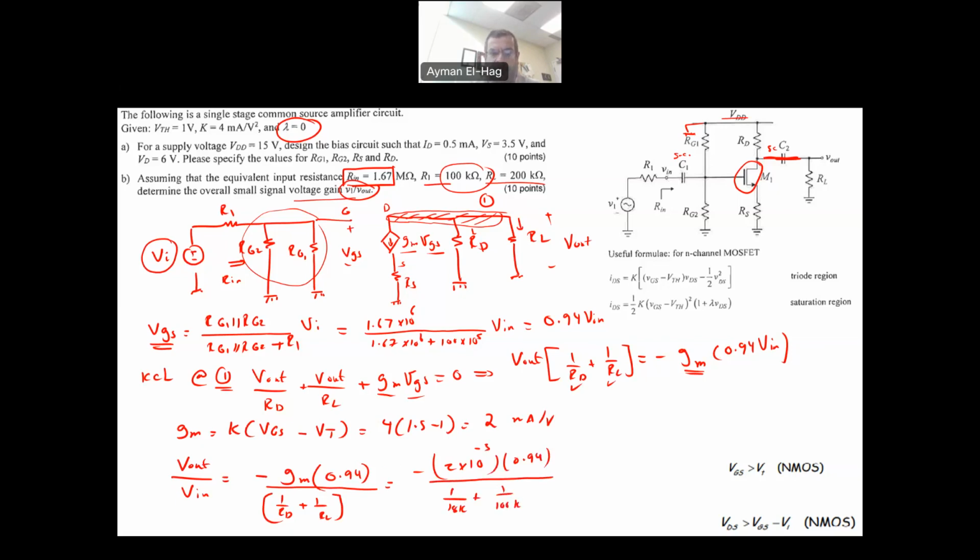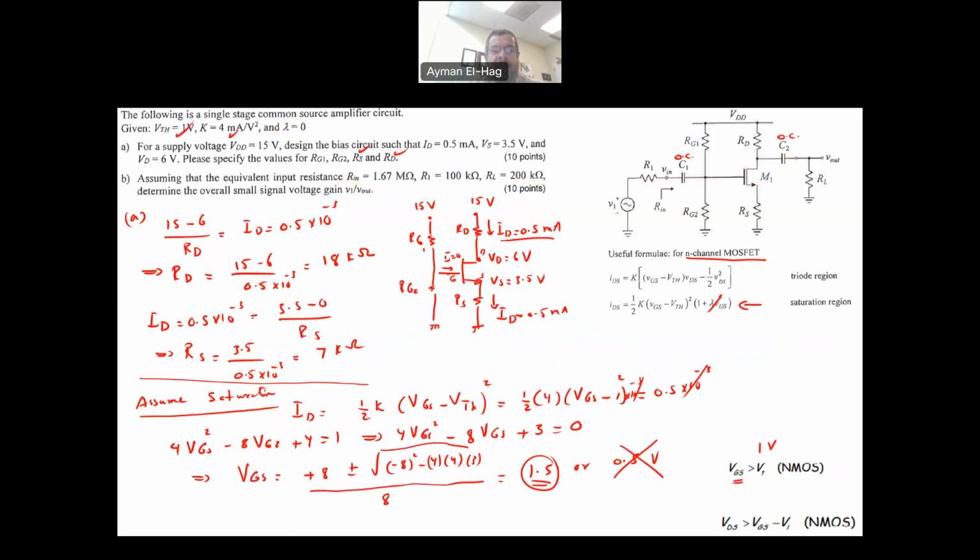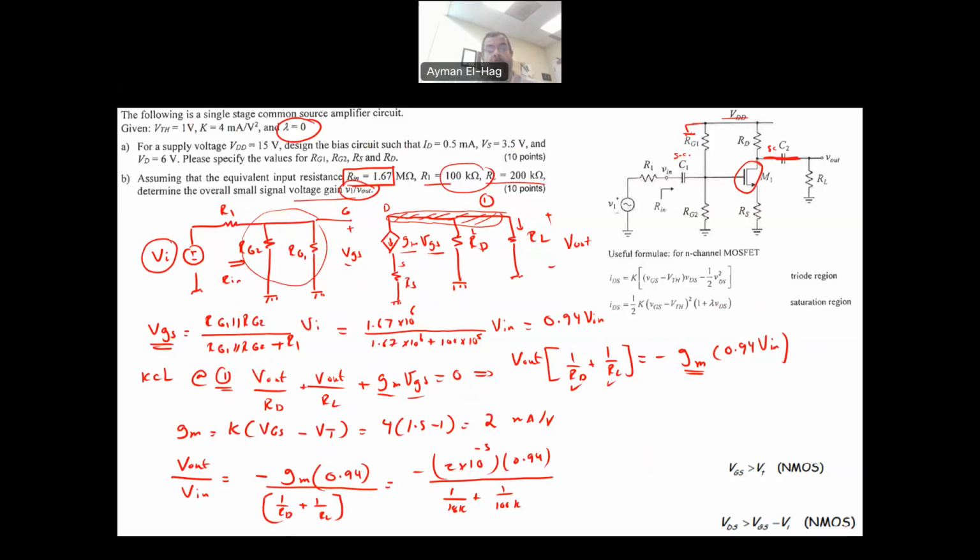Remember, we found RD before, at the beginning in the DC bias, equal to 18 kilo ohms. I always say that the AC analysis is based actually on the DC bias. So now we have all the values. When you do the calculations, you will find this equal to minus 31.3, and that is the voltage gain.